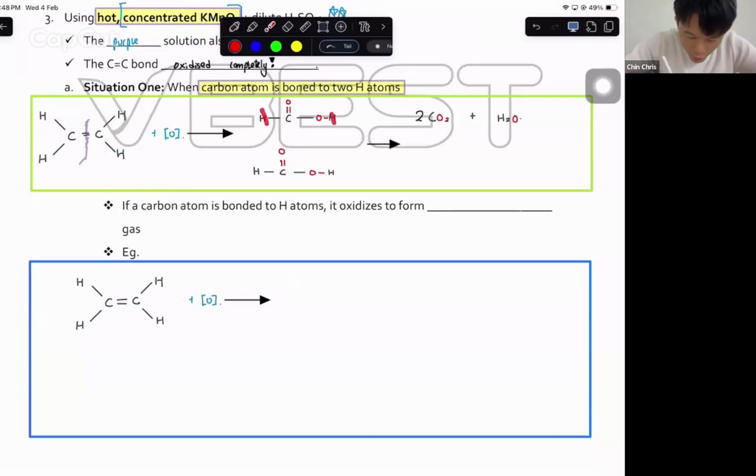How many H2O? 1, 2, 3, 4, so 2 H2O. That's it. This is my final product. Get me? Clear? Understand?